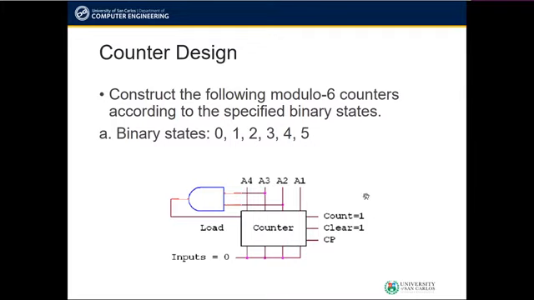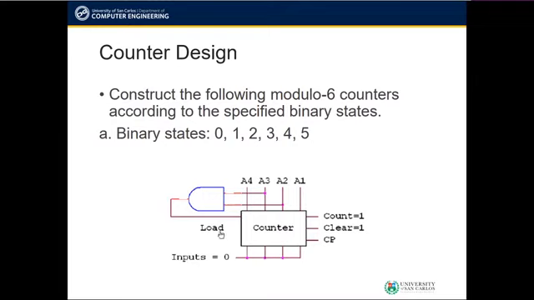Here, the count input is set to 1 because we want the counter to perform the counting operation. The clear input is 1 because we do not want to clear the counter at any point during the counter operation of this implementation. The CP is simply supplied with clock pulses. The parallel load inputs are inputted with zeros.